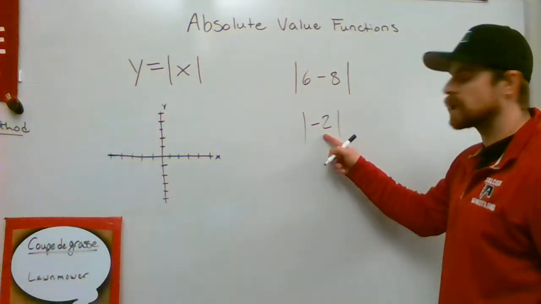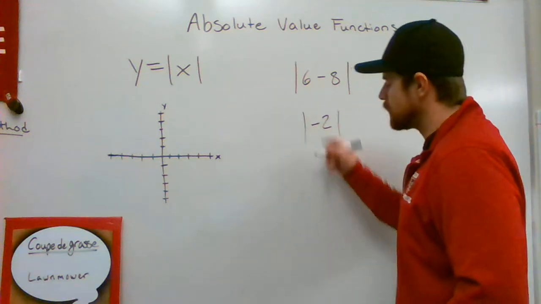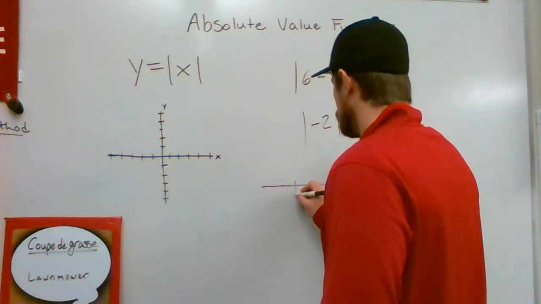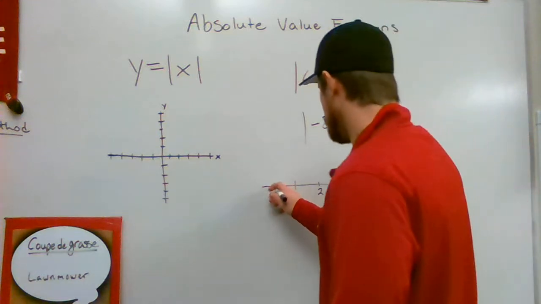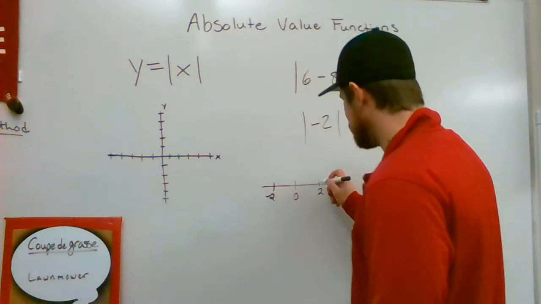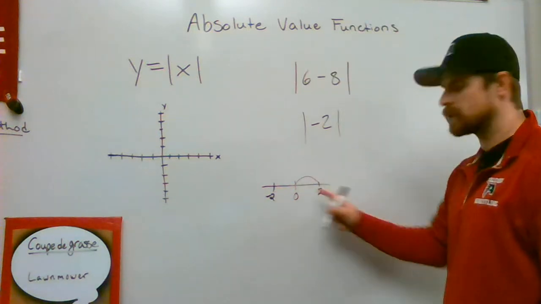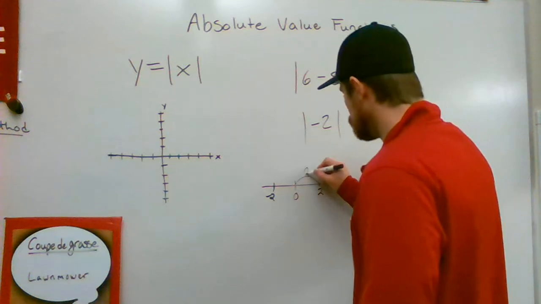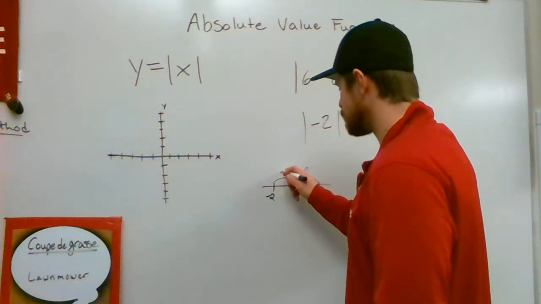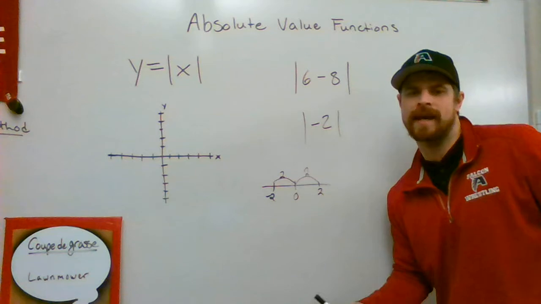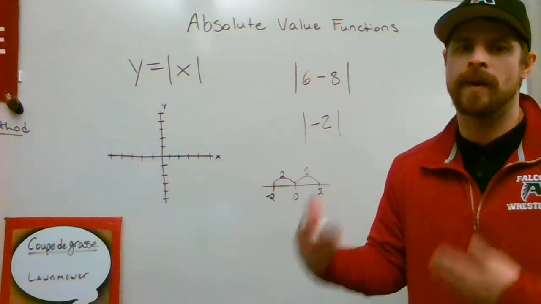So when we're talking about the value of negative 2 on a number line, we would have 2 to the right, negative 2 to the left, but the distance you'd have to travel from one to the other would be 2 if you're going to positive, and it would be a positive 2 distance even if you were going to the negative side. Your distance is still a positive value.